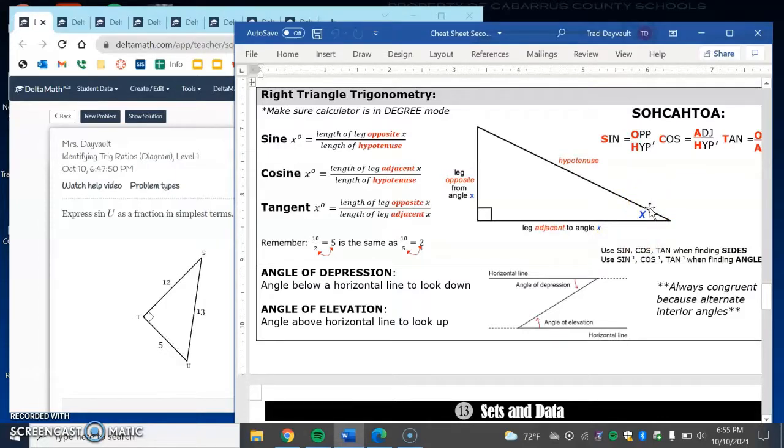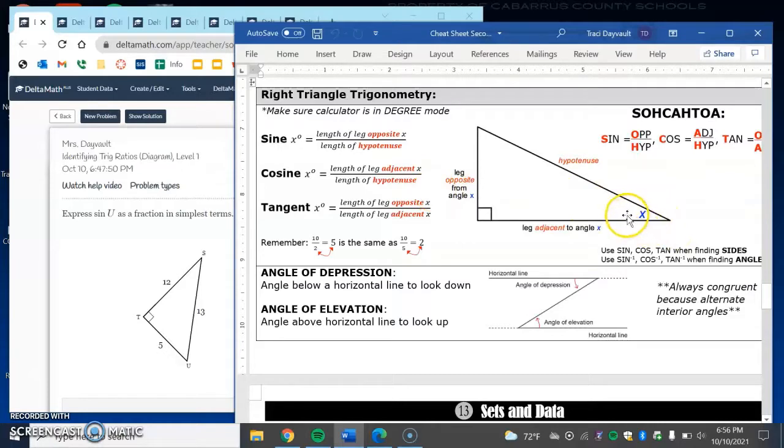The sine ratio is going to be the length of the leg that's opposite from the reference angle, over the length of the hypotenuse.